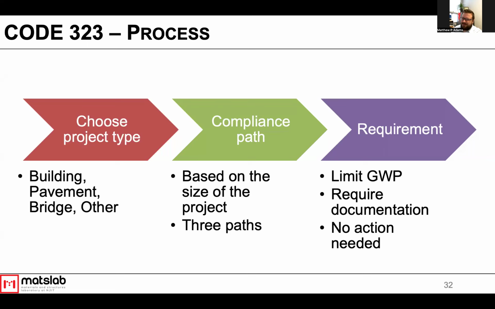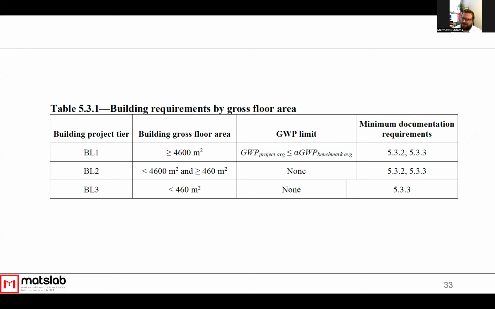That's really to make sure that we're not penalizing people who are building small structures while we're still all learning how to do this. So for example, for building requirements, the largest structures are everything over 4,600 square meters gross floor area. Mid-range is 460 to 4,600 square meters, and then the smallest ones are anything less than 460 square meters.